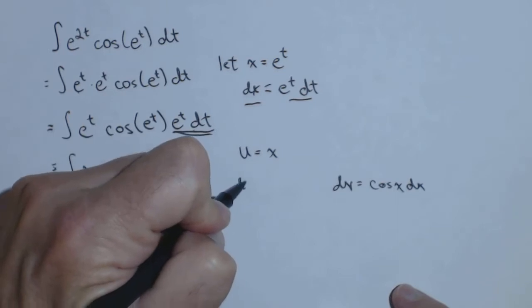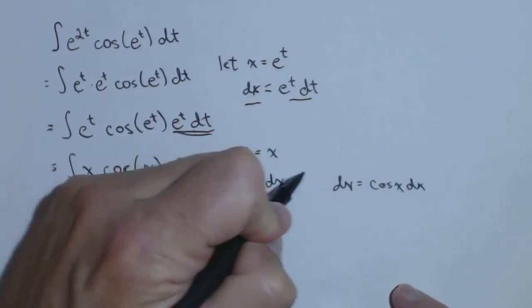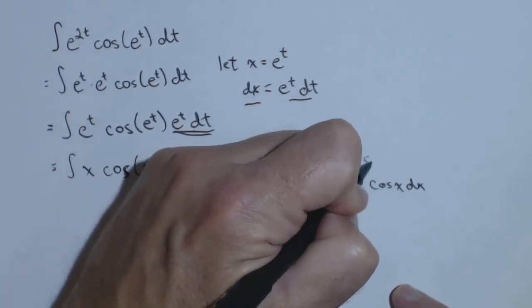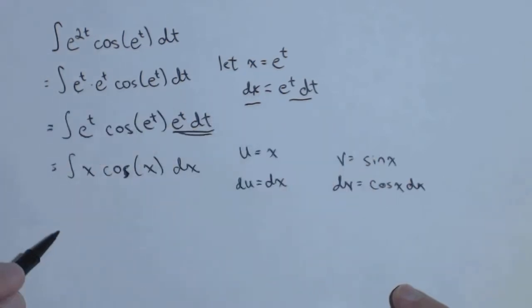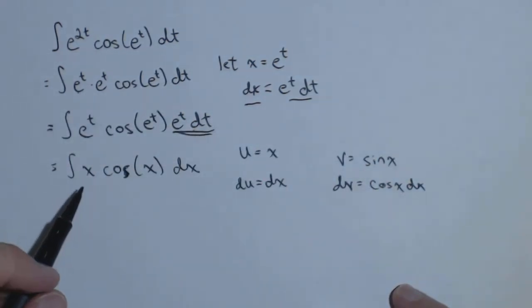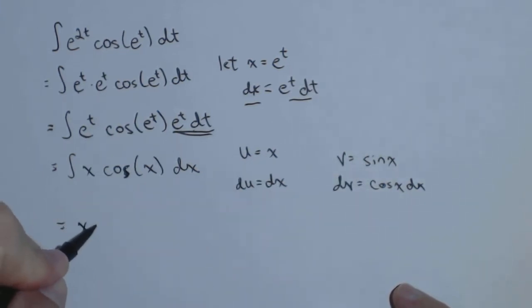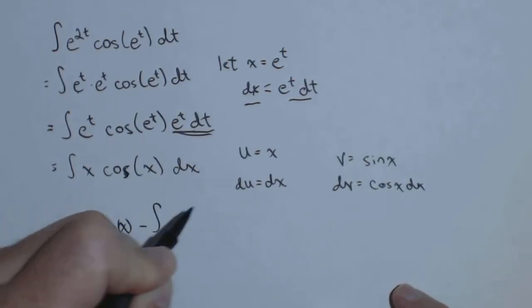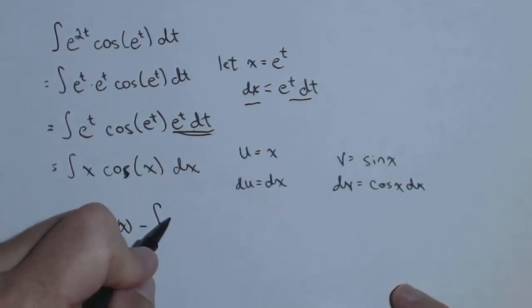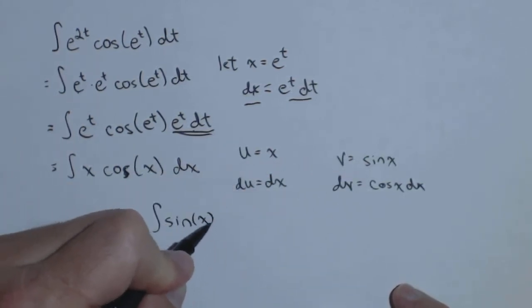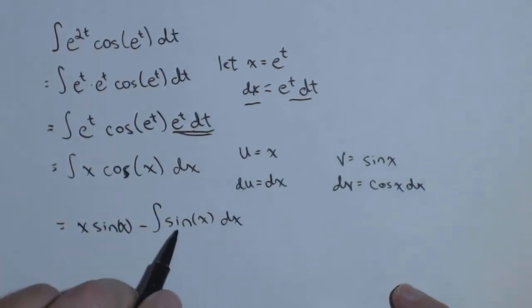That makes our du just a simple dx, and our v is just sine x. So putting this together in our integration by parts, we have uv, so x sine x minus the integral of v du, sine of x dx. Once again, a basic antiderivative.